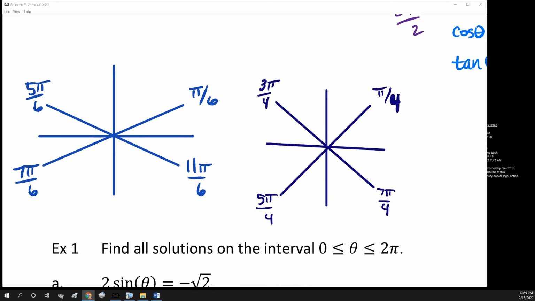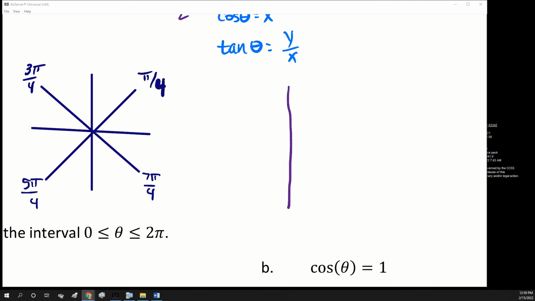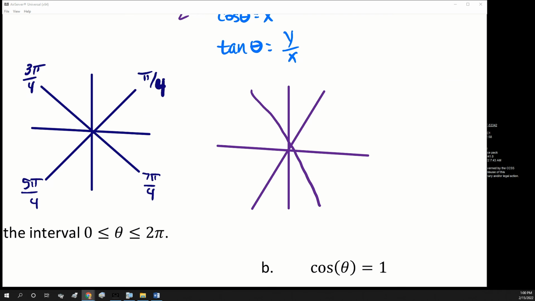And then we have one more that we're going to do for pi over 3. On pi over 3, you're basically adding a third each time. So then it would be 2 pi over 3. 3 pi over 3 is pi. And then 4 pi over 3. And then 5 pi over 3.